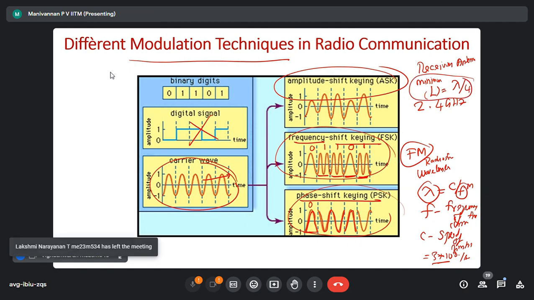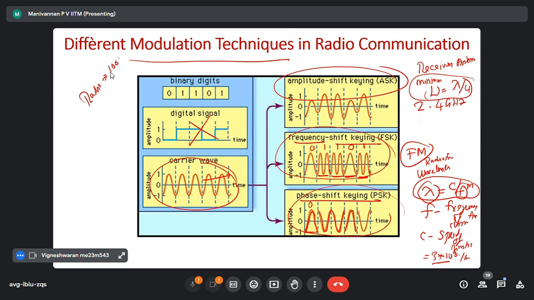Lambda equals C by F, where F is the carrier frequency, whether the carrier is amplitude modulated, phase modulated or frequency modulated. I already told you, if my radio station frequency is 1000 kilohertz or 1 megahertz, then lambda equals 3 into 10 power 8 divided by 1 into 10 power 6.